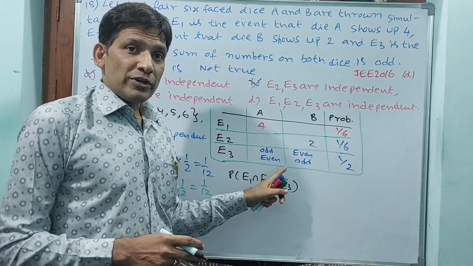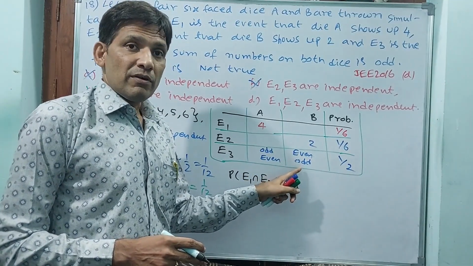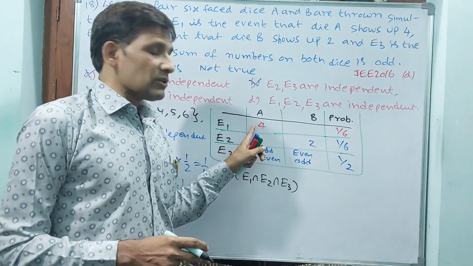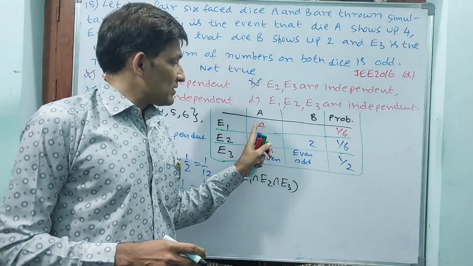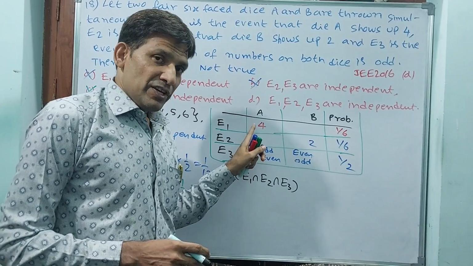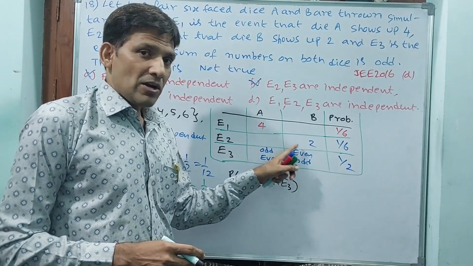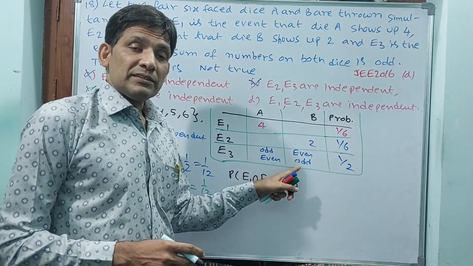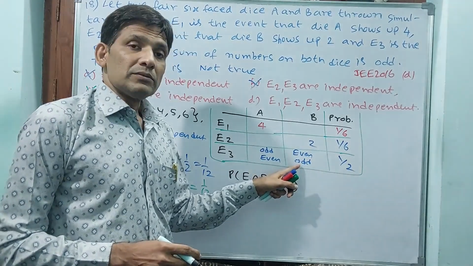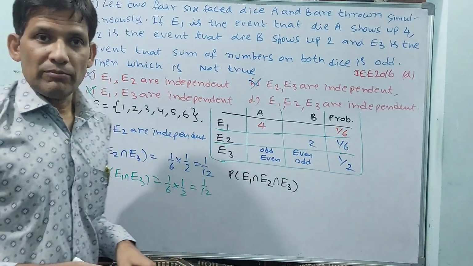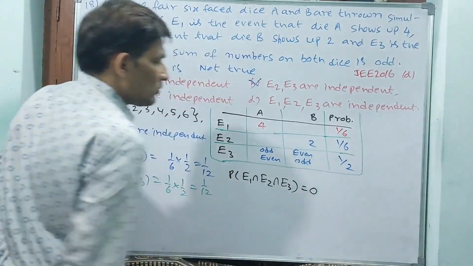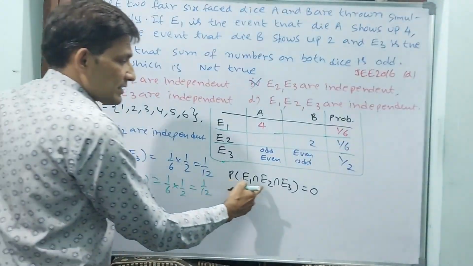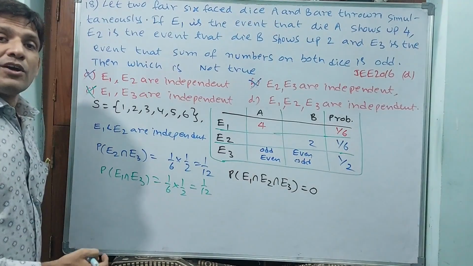For an odd sum to come, at least one should be odd. But here 4 is even, 2 is also even. If both dice have even numbers, not odd numbers, then an odd sum is not going to come. That means E3 is going to become 0, then this is going to become 0. The probability of E1 intersection E2 intersection E3 is 0.